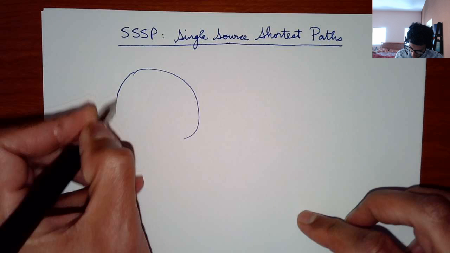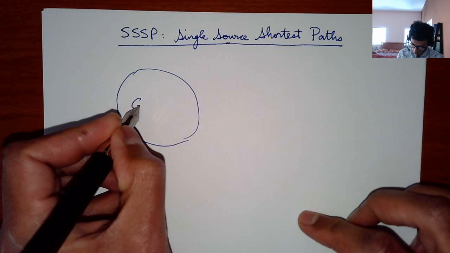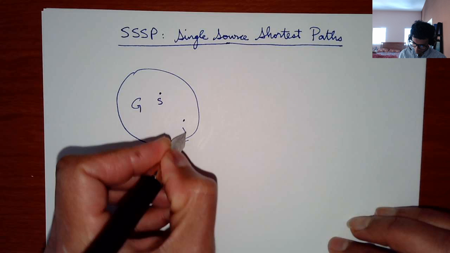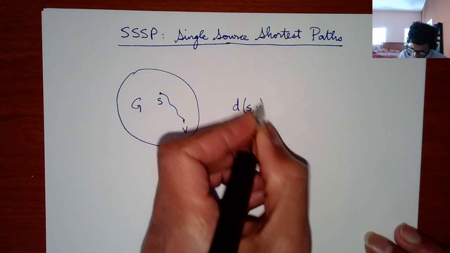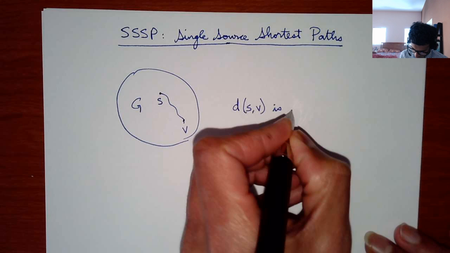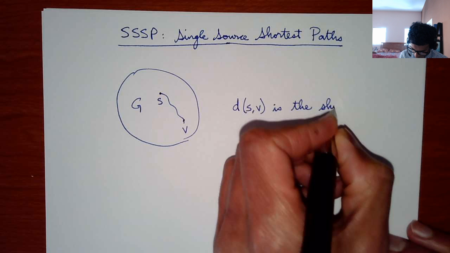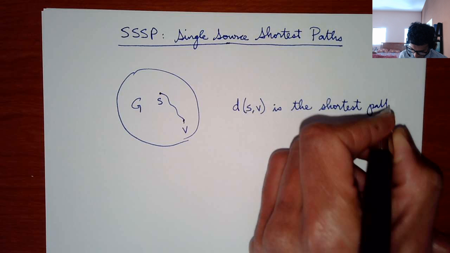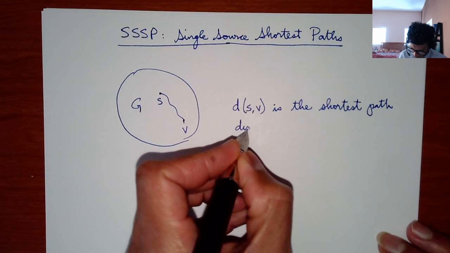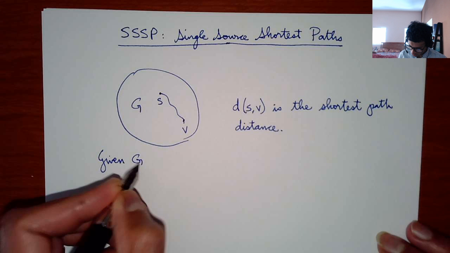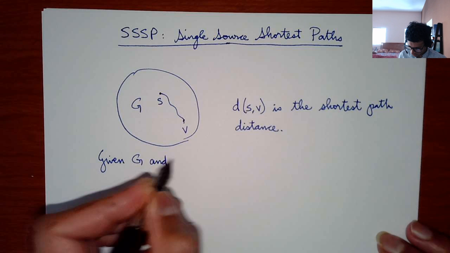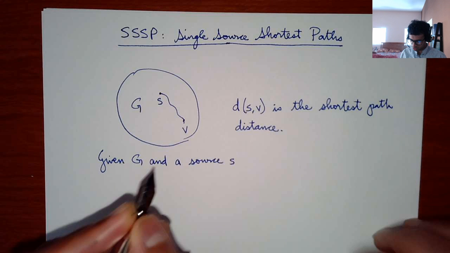What does that mean? You have a graph G, you have some vertex S, and for any vertex V, we'll say that d(S,V) is the shortest path distance, and the problem is given G and a source S, and that's why it's called a single source.